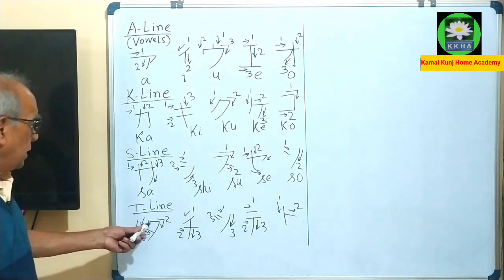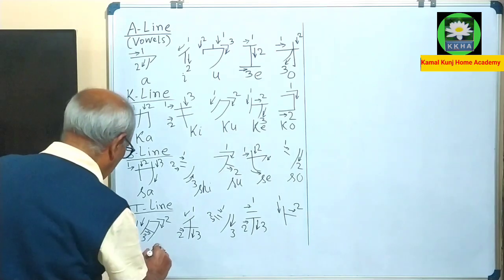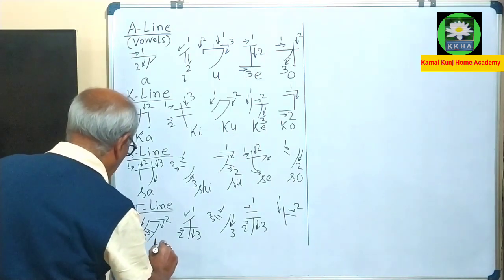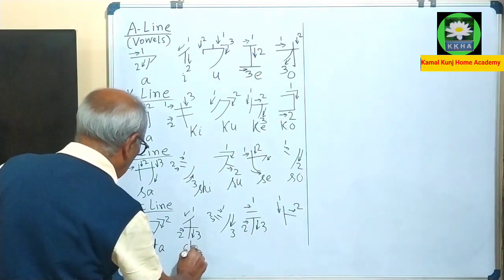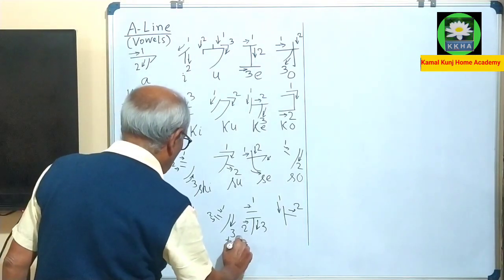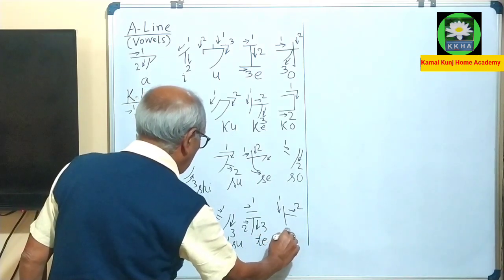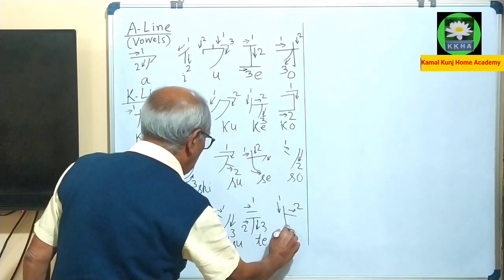So these are T line katakana pronounced as ta, chi, tsu, te, and to.